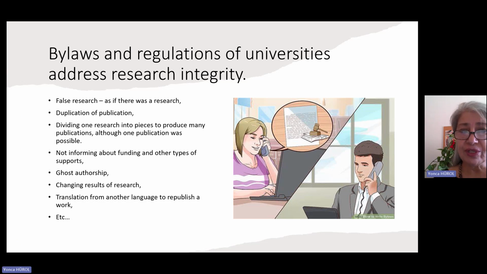For example: preparing false research, duplication of publication, dividing one research into unnecessary pieces to have more publications about it, not informing about funding or other types of support, ghost authorship, changing results of research, translation from another language to republish a work. These are all important problems usually mentioned in universities' bylaws and regulations.